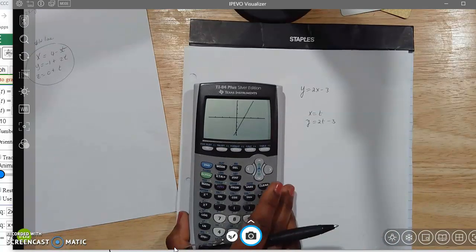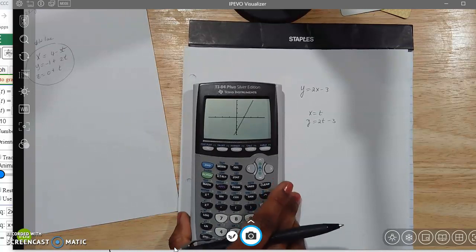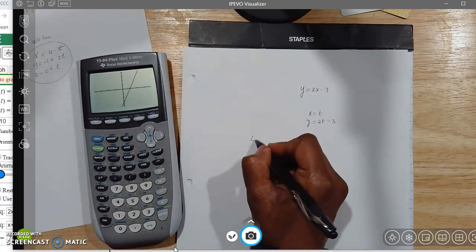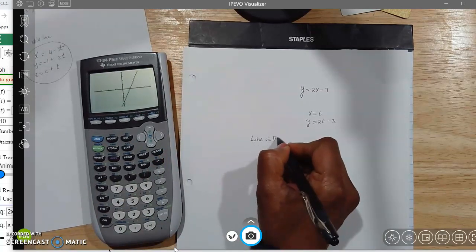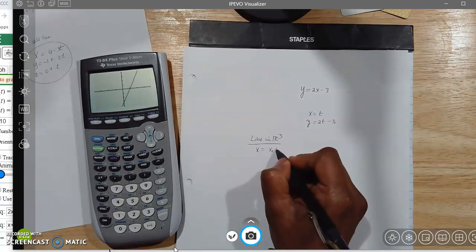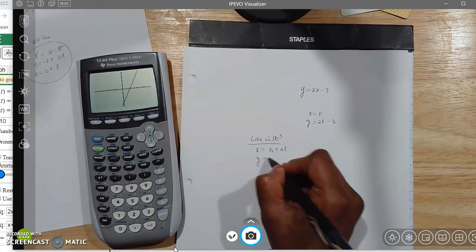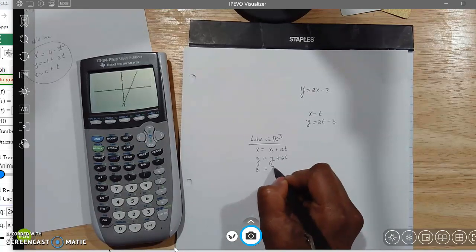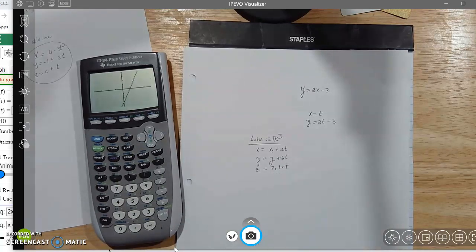Okay, in Calc 3, I'm not sure if you took Calc 3, but in Calc 3 you learn that a line in space, a line in R3, has this form. x equals x naught plus at, y is y naught plus bt, and z is z naught plus ct.